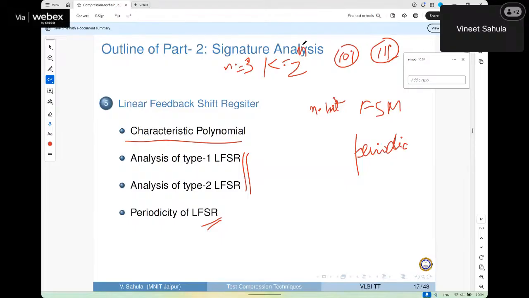And if I go through the whole FSM, how many states can I get through singularly before repeating them? This number only, 2 to the power n. So the period of the FSM will always be less than or equal to the total number of states contained in the FSM. Usually.